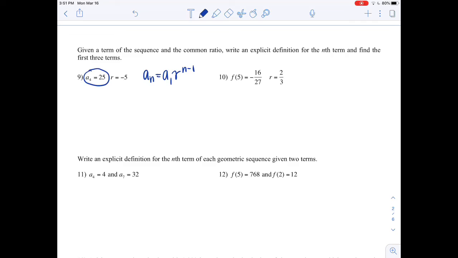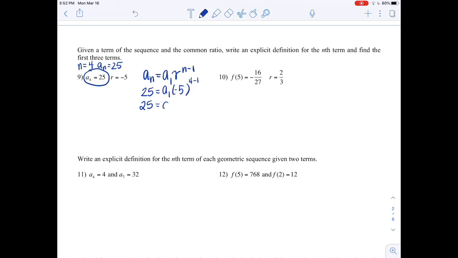Okay, so if you take a look at this rule one right here, this is telling you that when n equals 4, a sub n equals 25. And we also have that the common ratio is -5. So watch me plug in. So a sub n is equal to 25. a1 I don't know. I'm going to have to work backwards to solve that. r is -5. And that's being raised to the 4 minus 1, or really being raised to the 3rd.